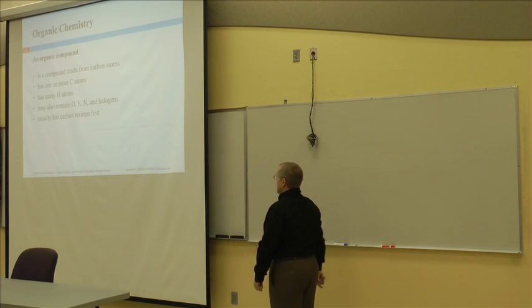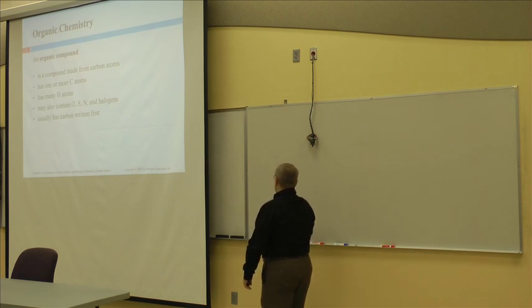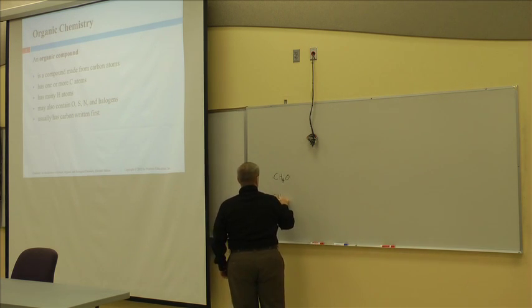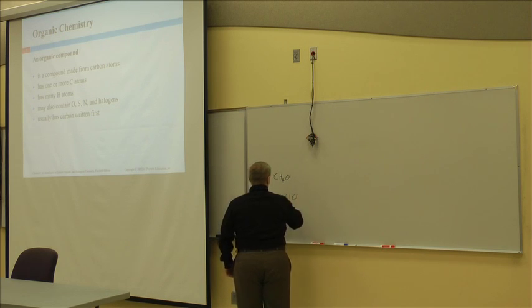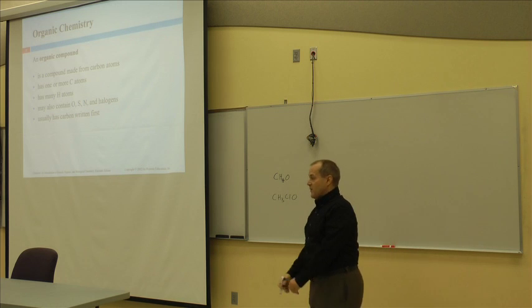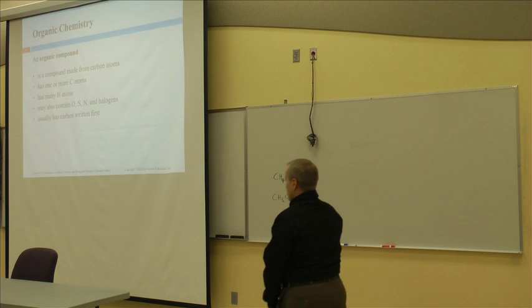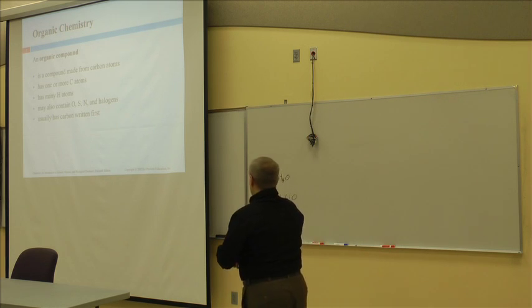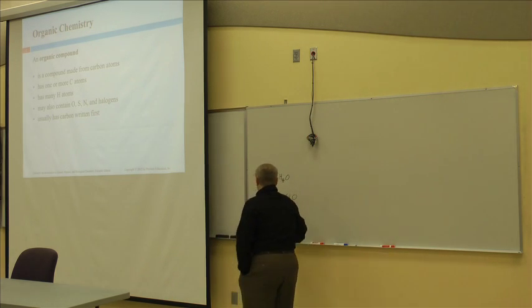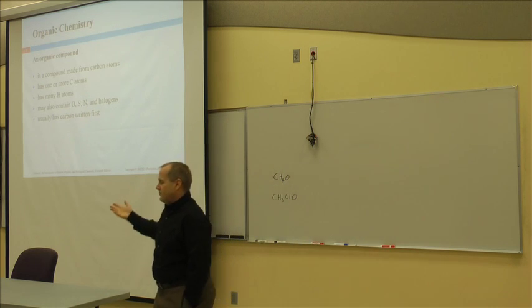That's not an alkane, but it's an example of an organic compound. CH4O. CH3ClO. There's another example. The chlorine comes before the oxygen simply because in the alphabet, C comes before O. Carbon and hydrogen are first. That's very simple.